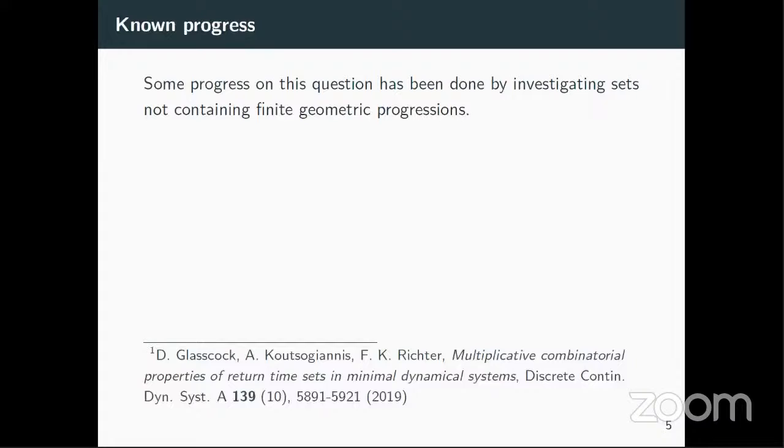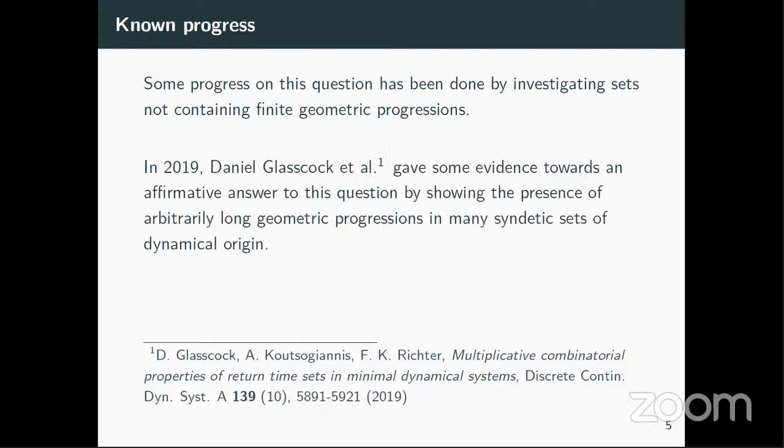Here we study syndetic sets and try to produce some family where we can have geometric progressions of arbitrary length. Some study was done in this direction, and in 2019, Glasscock and their collaborators gave an affirmative answer to these questions, but it was in dynamical systems.